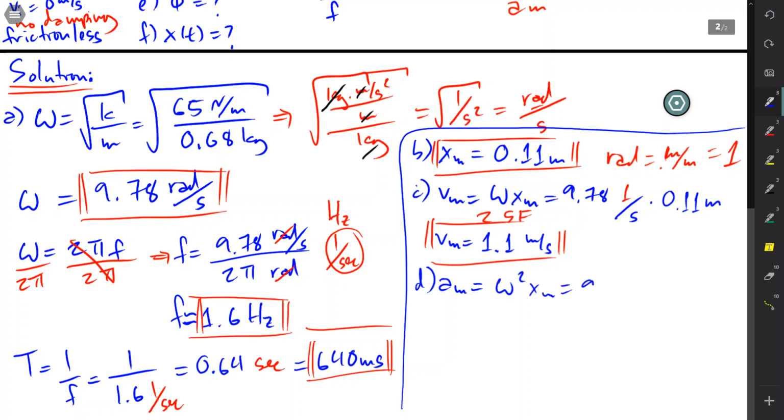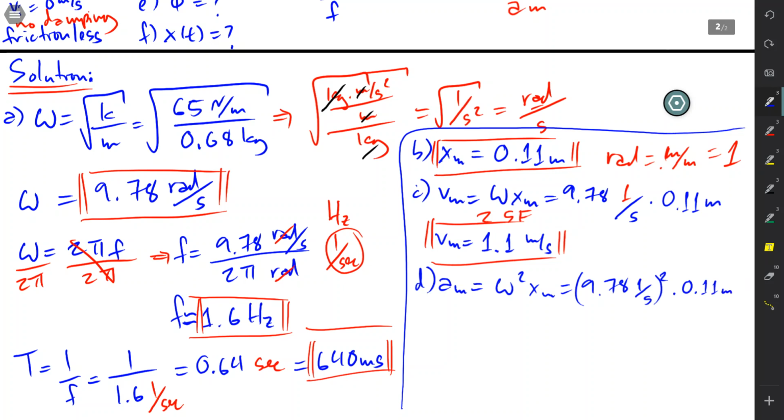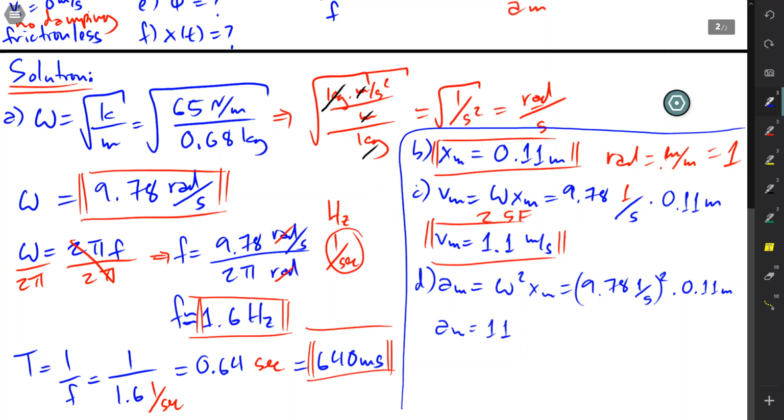So it's going to be 9.78, I'm still going to write it as 1 over s squared, times 0.11. And sure enough, it gets us 10.5 something, but rounded to two significant figures, it's 11 meters per second squared.